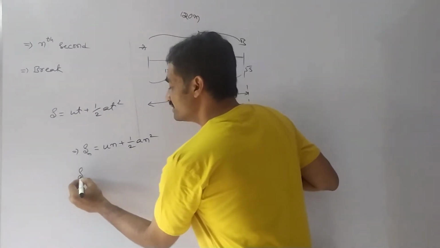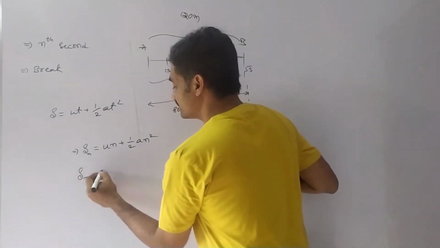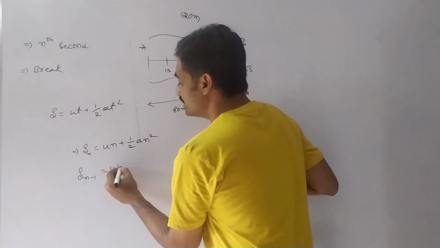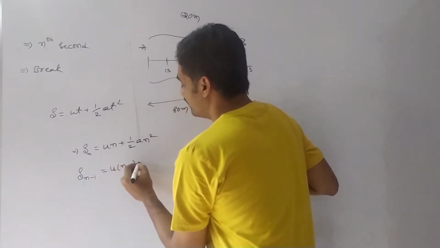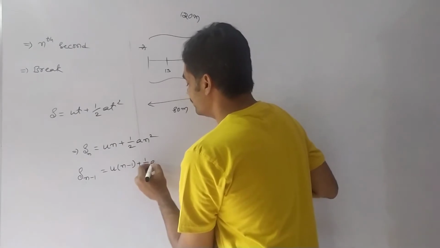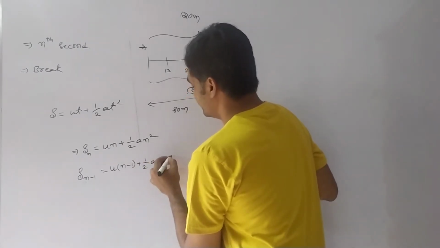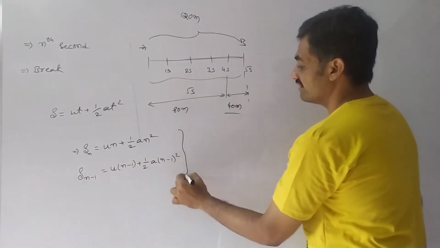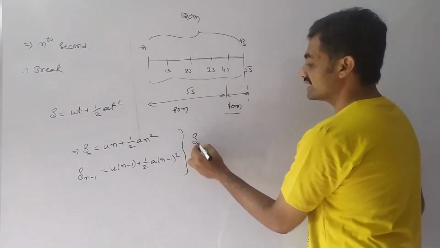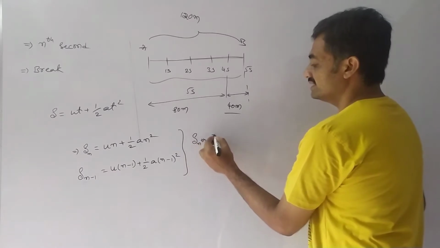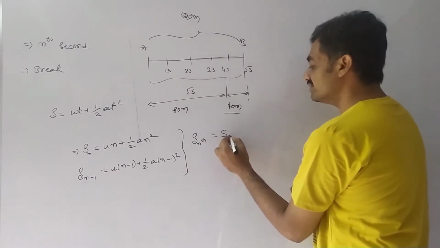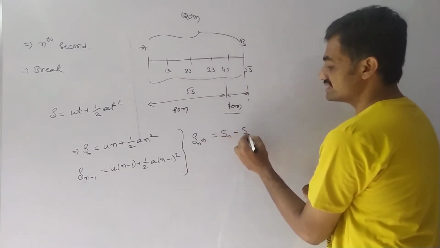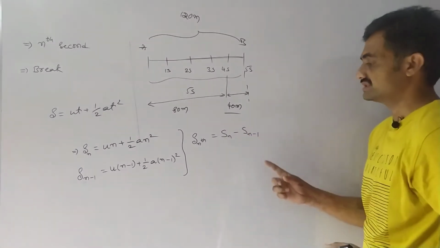The distance travelled by the body in n minus 1 seconds is u into n minus 1 plus half into a into n minus 1 whole square. Then the distance travelled in the nth second equals the distance travelled in n seconds minus the distance travelled in n minus 1 seconds.